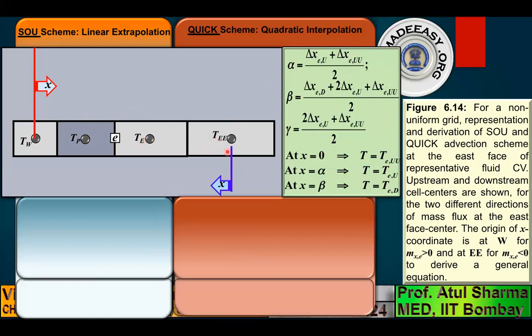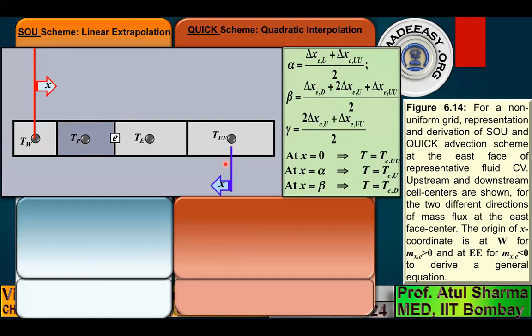Now, note that delta x u and delta x uu depend on the flow direction. When the mass flux on the east face is in the positive x direction, then the upstream is delta x p, and the upstream of upstream is delta x w.